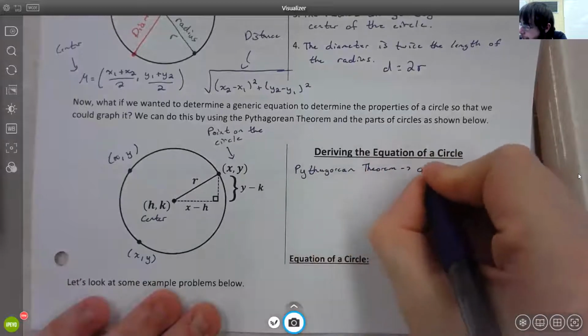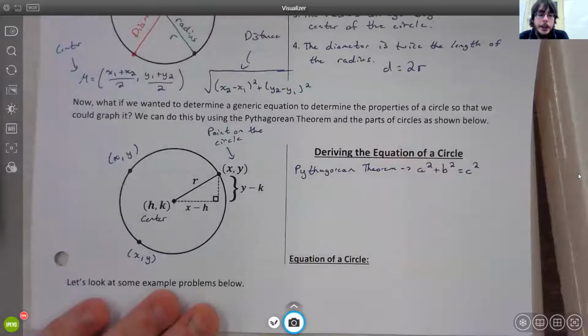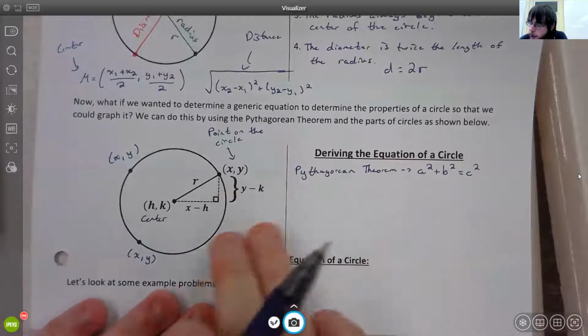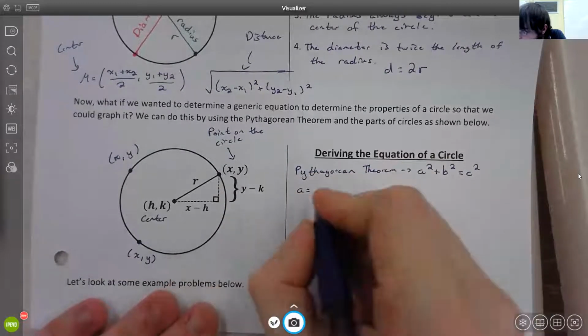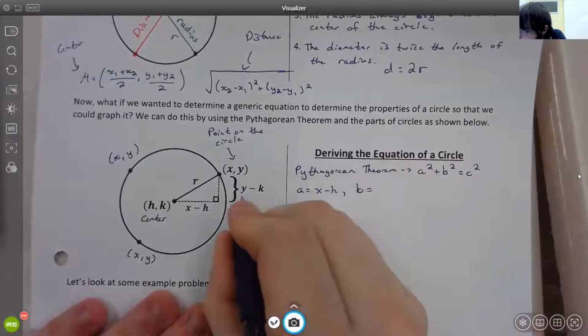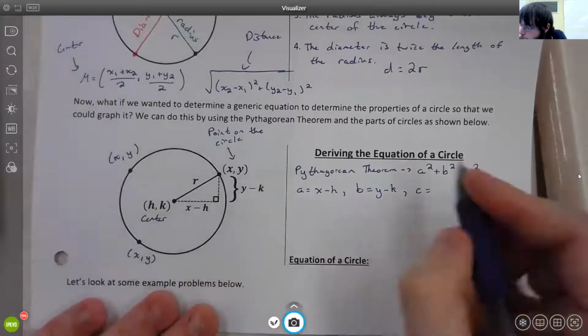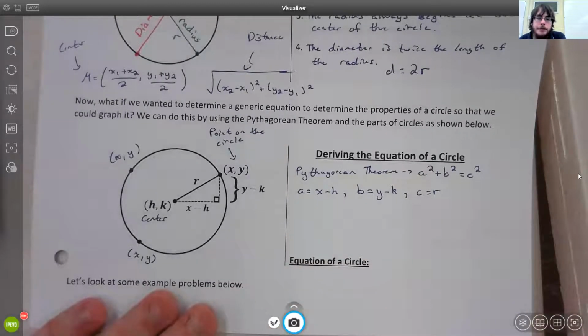That is, a squared plus b squared must always equal c squared for it to be a right triangle. And remember, c is your hypotenuse. So a and b, you can label either of the legs as a and b. We're going to say that a is x minus h. We're going to say that b is y minus k. And c is equal to r. c is your hypotenuse, it's your longest side.